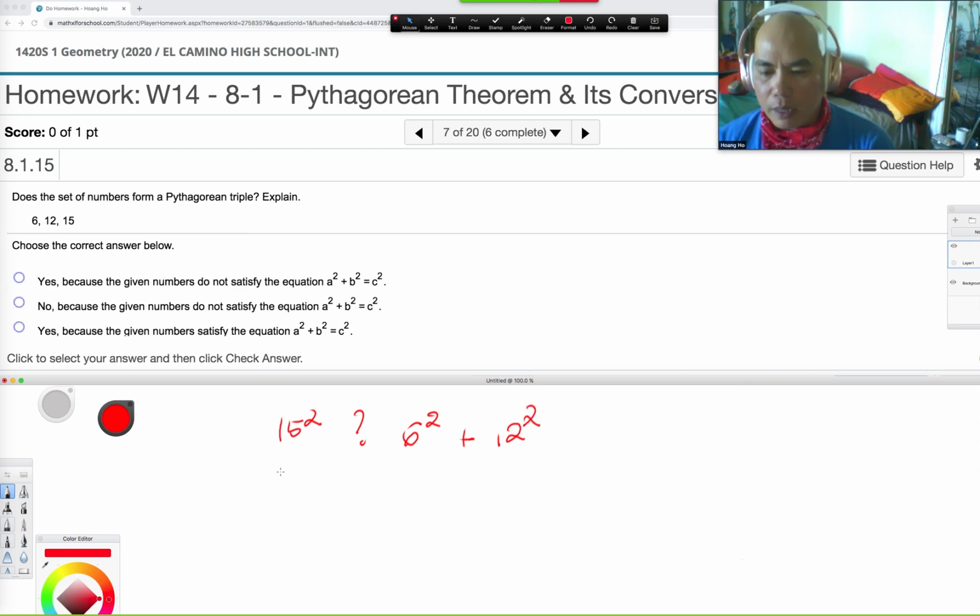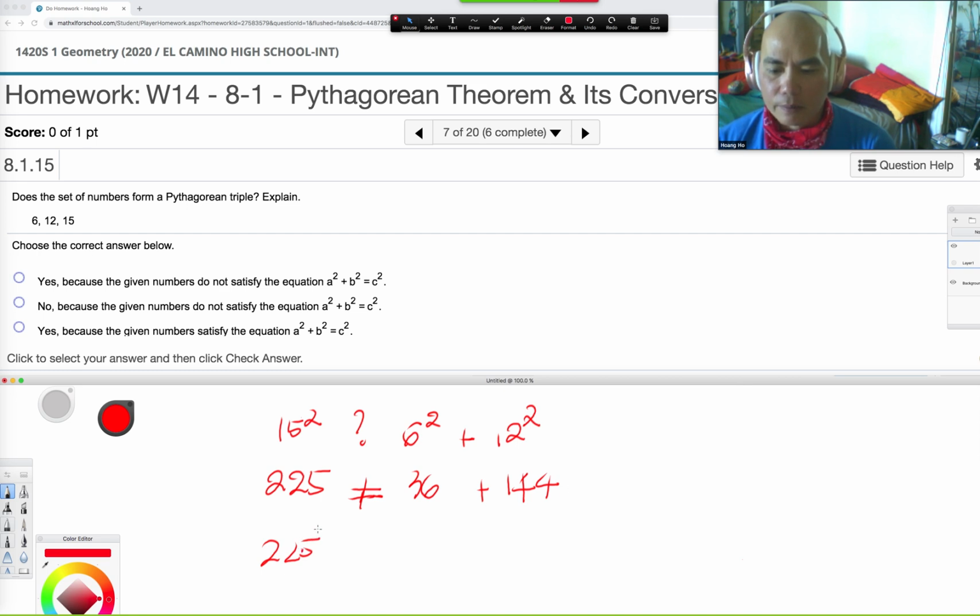So 15 squared, that's 225. 6 squared is 36, and 12 squared is 144. So as you see, they are not equal to each other. 225 on the left side, and on the right side, when you add them together, it happens to be 180. So they're not equal to each other. So the answer is no again.